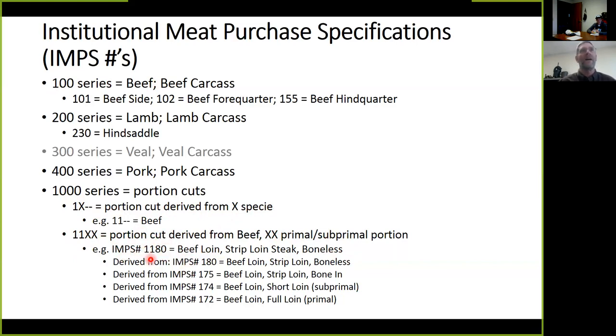That's 1,180, the way I like to think of it, because the 180 I know is derived from IMPS number 180, which is the beef loin, strip loin, boneless. Okay, so the 1,180 is the beef loin, strip loin steak, boneless, which is derived from the beef loin, strip loin, boneless.